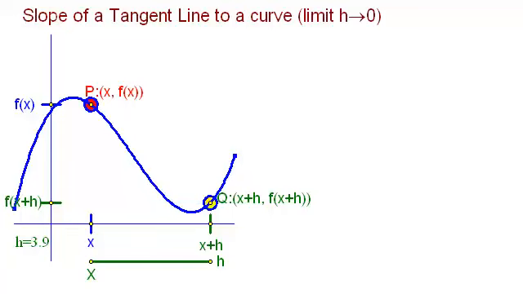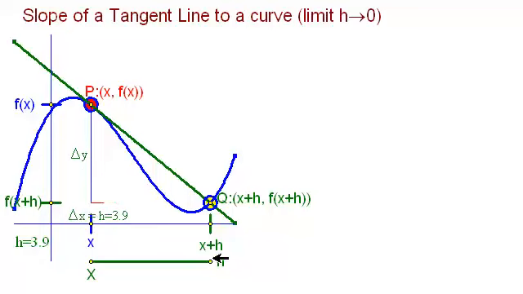Then we created the secant line, and as the h is moving towards the original or the given point, it becomes the tangent line. The secant line becomes a tangent line when the additional point is approaching the given point.